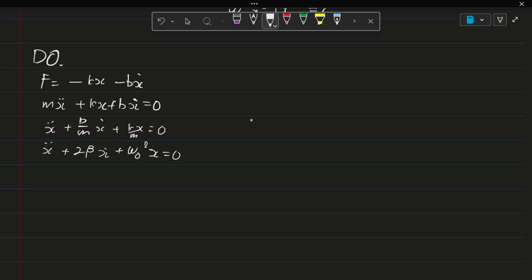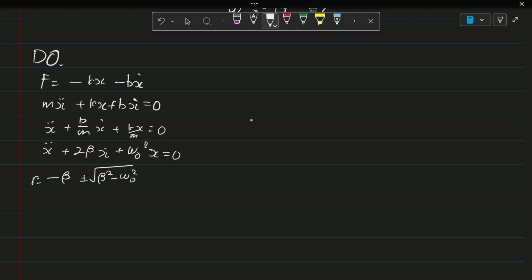And so if you use the idea from differential equations, you would know that the answer would correspond to two different eigenfunctions. And these eigenfunctions will have the term of the root of the characteristic polynomial. And so in here, the solution of the root would be negative beta plus or minus the square root of beta squared minus omega 0 squared.